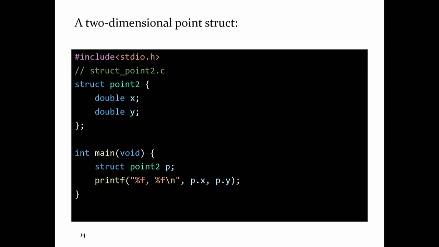The way that you use the structure is very similar to the way that you use an object in Java. If p is the structure, then I can write p.x, and that gives me the variable x belonging to the structure. p.y gives me the y variable belonging to the structure. If you print this out, I'm pretty sure it prints 0 and 0.